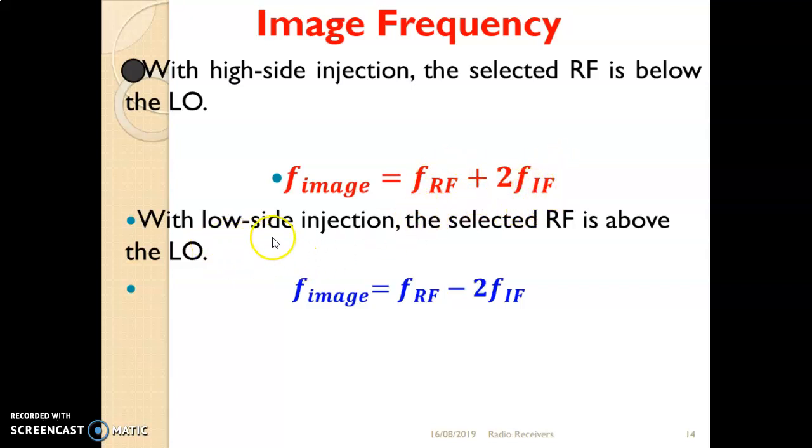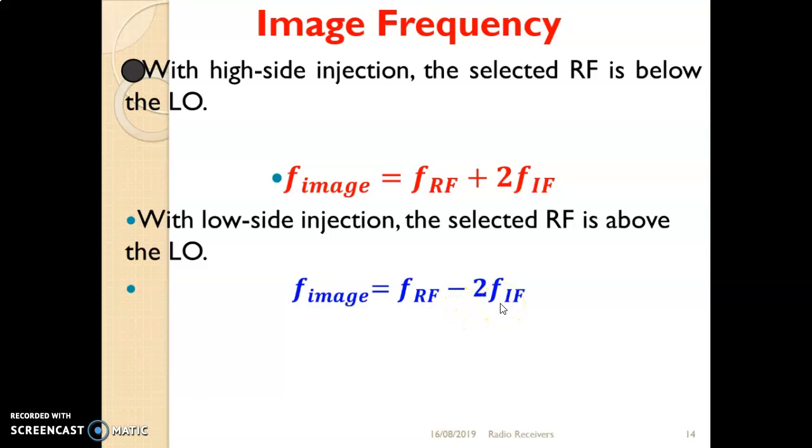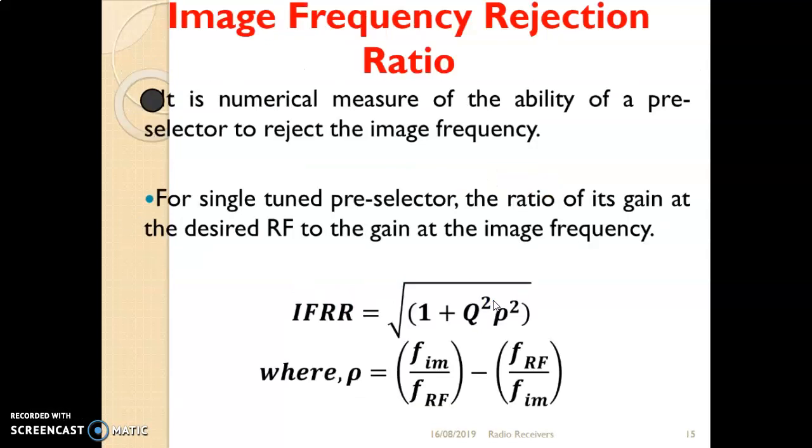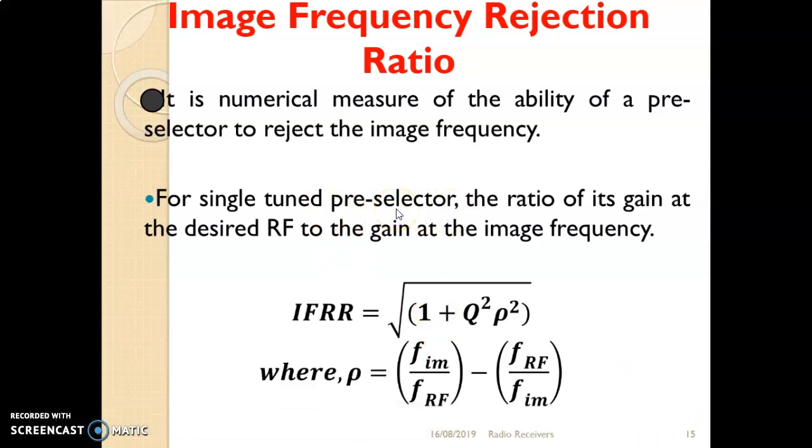With low side injection, the selected RF is above the local oscillator frequency, and therefore the image can be calculated as f_RF minus 2f_IF. So the image frequency is going to produce the same result as your original, and that is why we need to design a circuit called the pre-selector, which will have an image frequency rejection ratio.